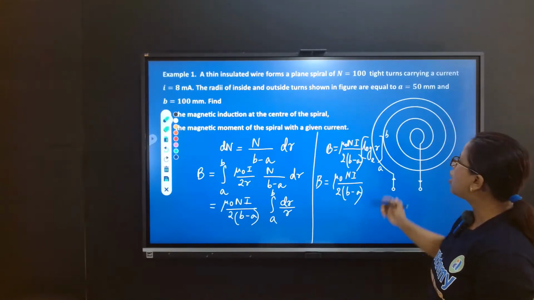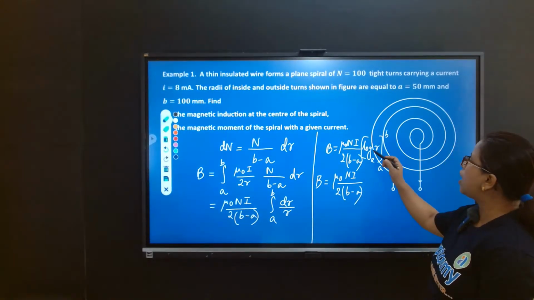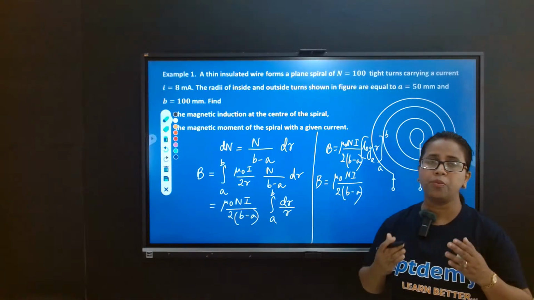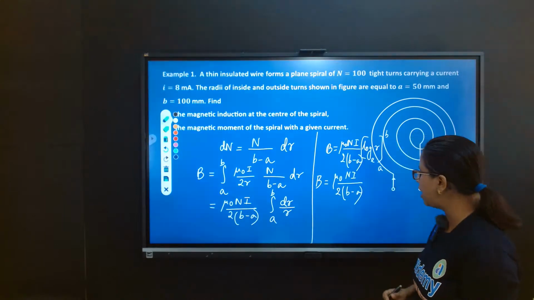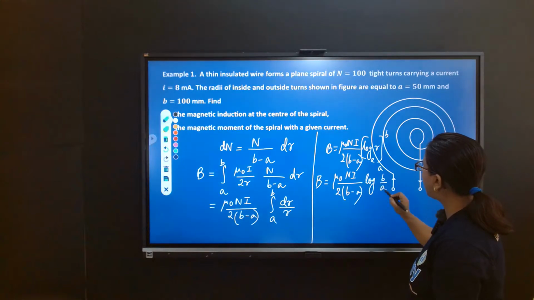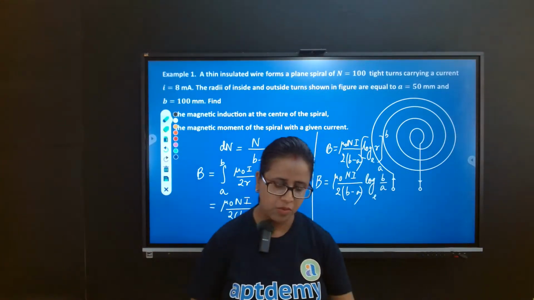So let's do that. We need to put the upper limit first, so we have log b minus log a. Now log b minus log a may be written as log of b by a. So we write this as log b by a, of course, with the base e.